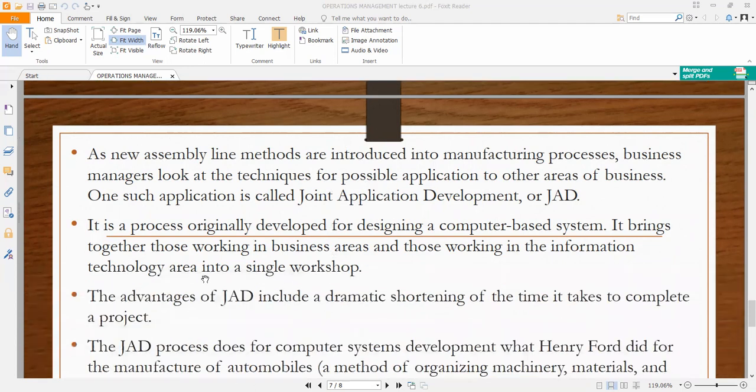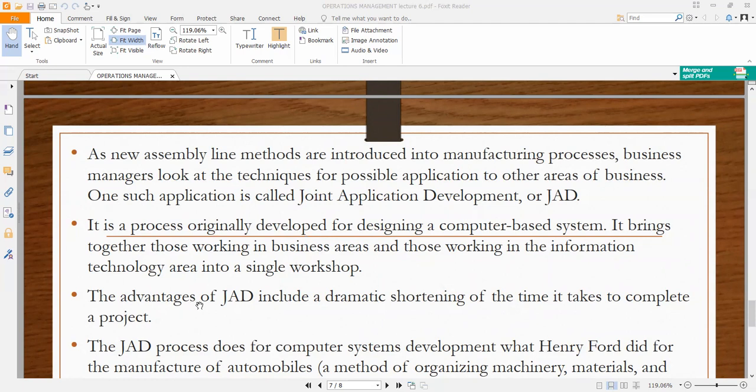It is a computer-based system that is used in these companies to produce goods. It brings together those working in business areas and those working in the information technology area into a single workshop. They are putting together a system that is able to generate different output.